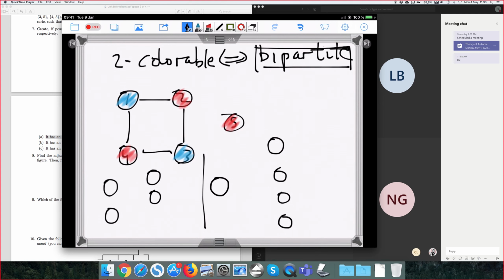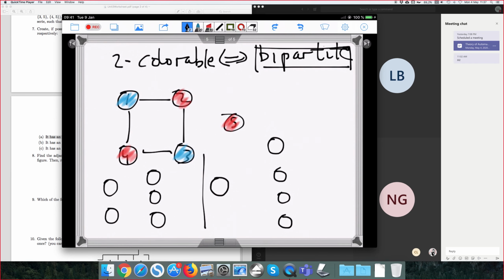And remember that in a bipartite graph, I cannot connect vertices which are in the same part, okay? So I can connect, for instance, this vertex to any of these vertices, but not these vertices among themselves, okay? Or here I can connect any of these two vertices to any of these three, but not the two vertices among themselves, or the three vertices among themselves, okay?